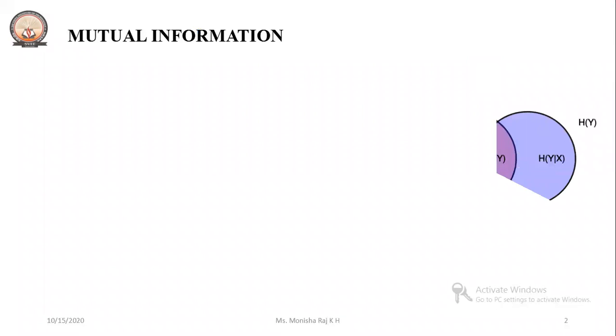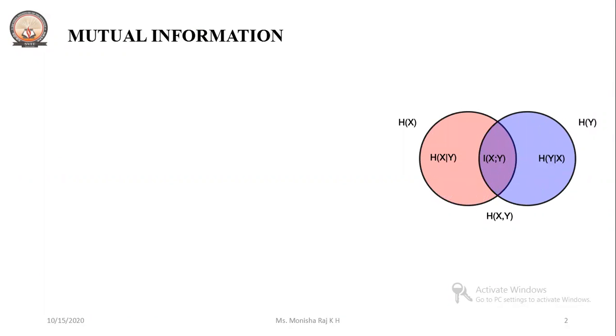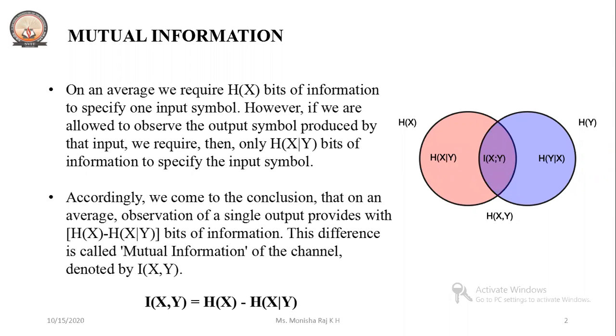On an average, we require H(X) bits of information to specify one input symbol. However, if we are allowed to observe the output symbols produced by that input, we then require only H(X|Y) bits of information to specify the input symbol.